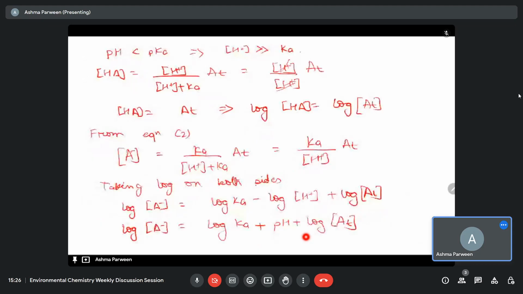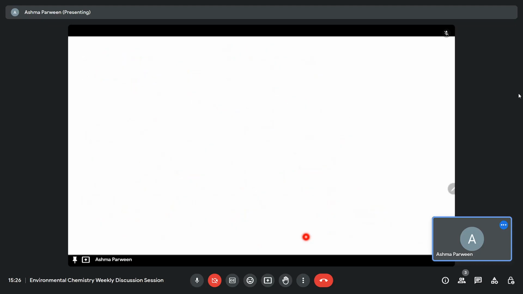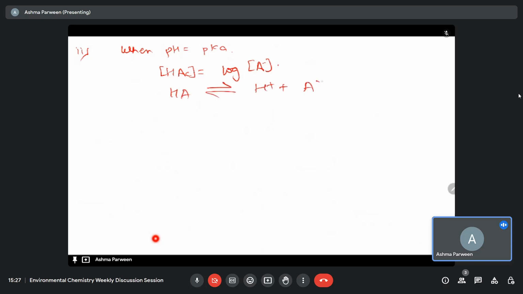Let's find out when pH is equal to pKa. Then we have log HA equals log A minus. Since we know HA will give H plus and A minus, and we will have some Ka, and Ka is given as H plus times A minus over HA.